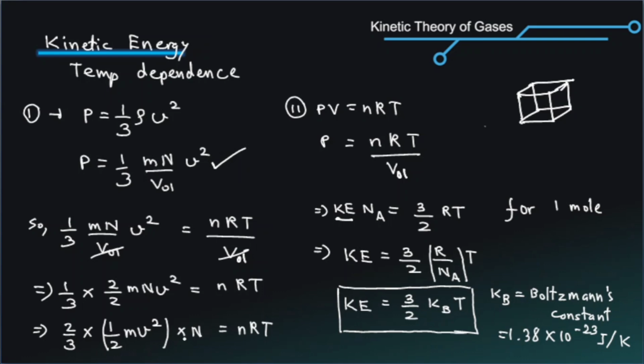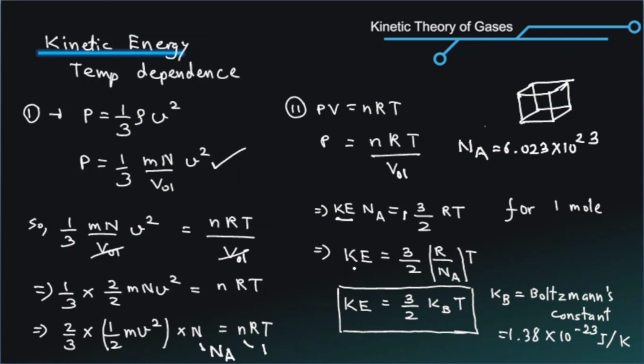Now this whole expression is for N number of molecules. But if we want it for 1 mole, then this n is going to be 1, and this N will be 6.023 into 10 to the power 23. That is the value of Na, Avogadro's number, right? Na is 6.023 into 10 to the power 23. So n equals 1, 1 into 3 by 2 RT equals kinetic energy multiplied by the number of entities in a mole.